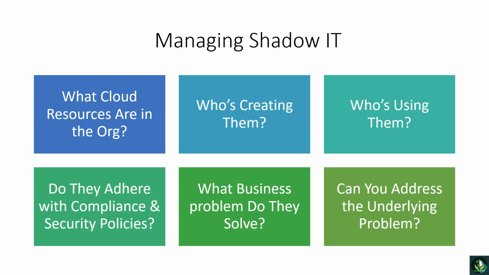So how much of the organization now has a dependency on this service? There's a difference between a few people in one department and hundreds of people across the organization, which is going to determine how to try to unify these little pockets of cloud into a more cohesive organizational strategy.